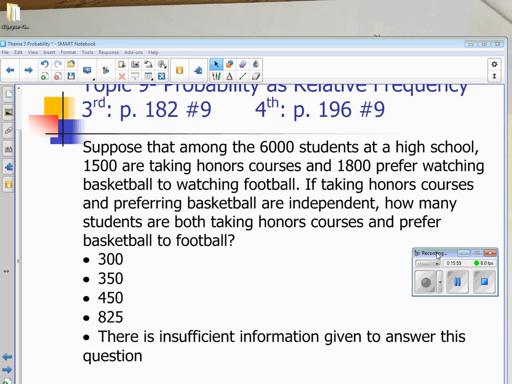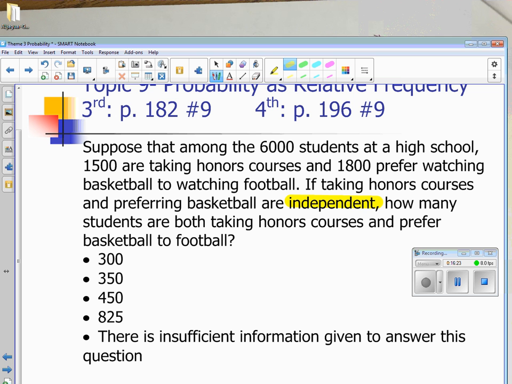Let's look at this one. What are some key words in this problem? Independent is a key one, for sure. Independent means that we're not dealing with conditional probabilities, right? Where do you see that? It's in there, independent.